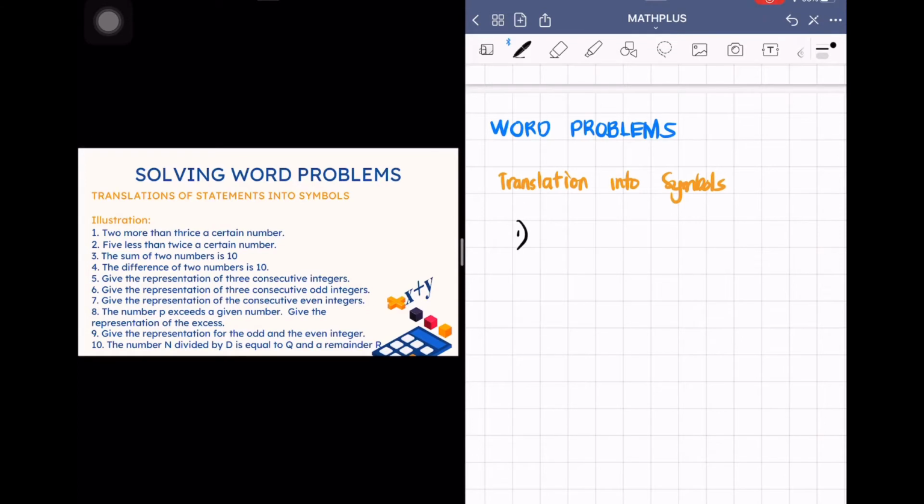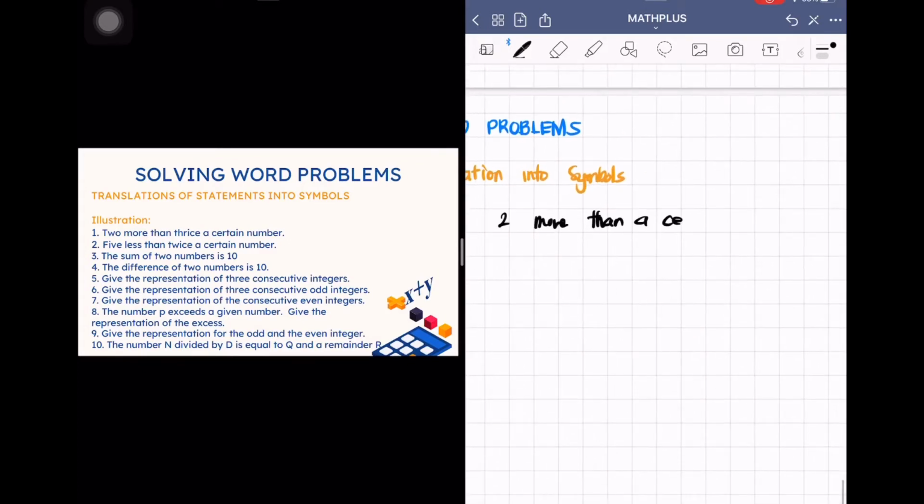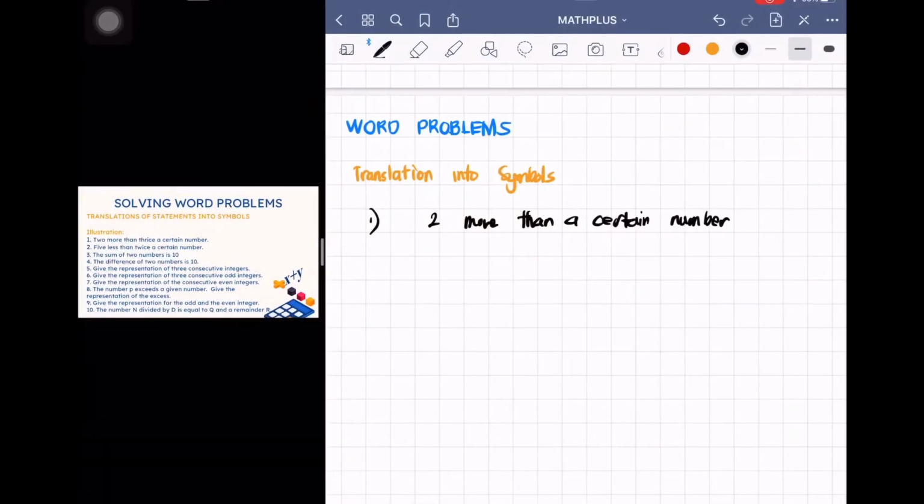Okay. Ako po, halimbawa, sinabi, 2 more than a certain number. Halimbawa, ang sinabi sa atin is 2 more than a certain number. Okay? My style, okay, ibig sabihin, in this particular statement, we are referring to a number whose value is 2 more than a certain number.